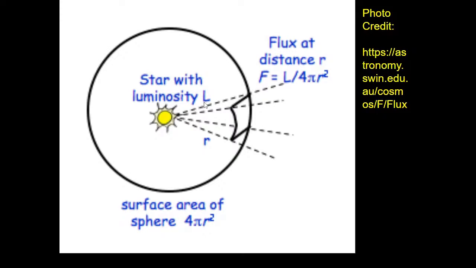That means if I have an independent way of measuring the luminosity, then by measuring the flux, we can estimate the distance of the star, the distance of this celestial body.